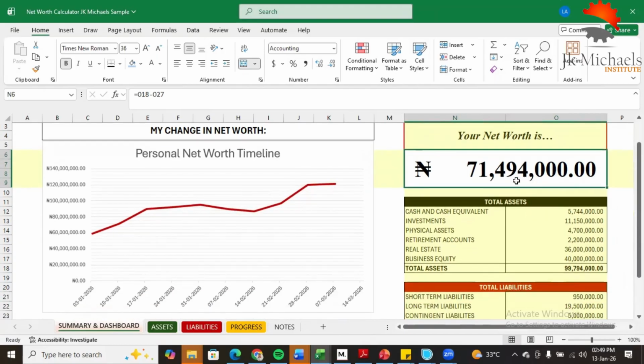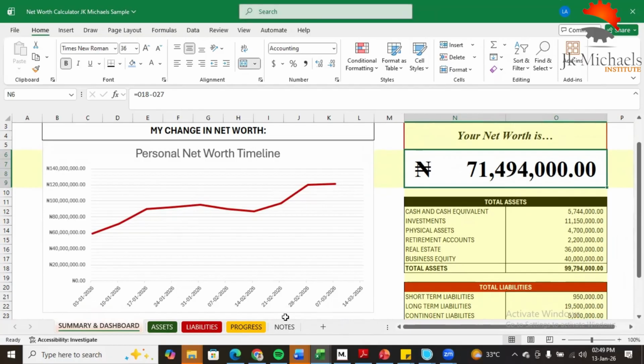So this is our new net worth figure. If you don't understand what I've done here, make sure you watch the video on net worth, right? This is our new net worth.